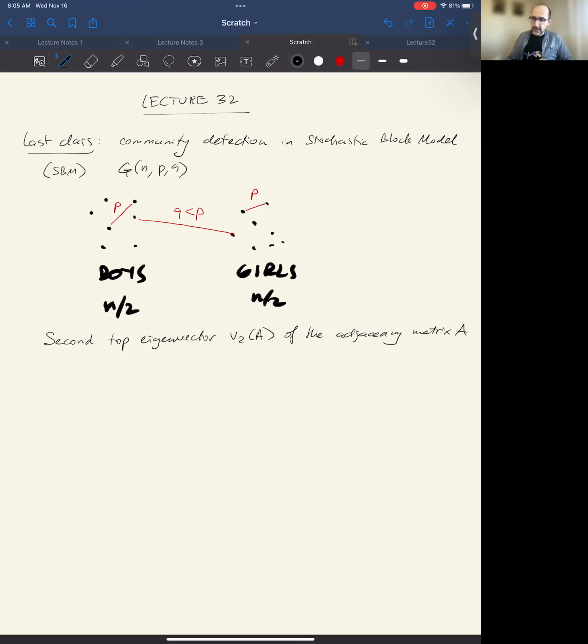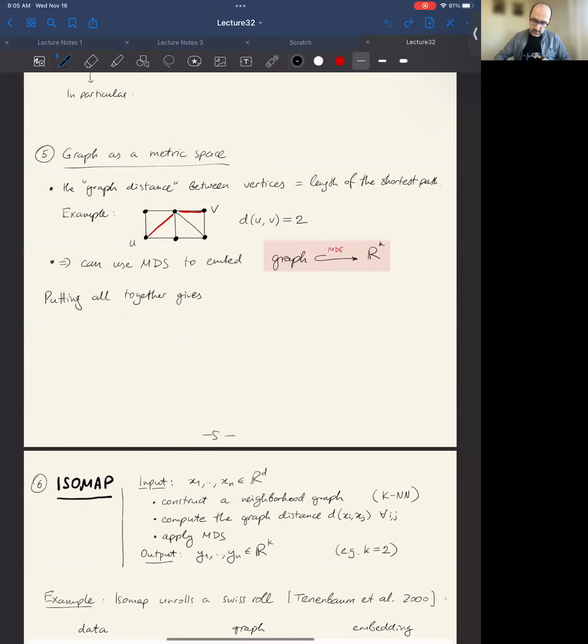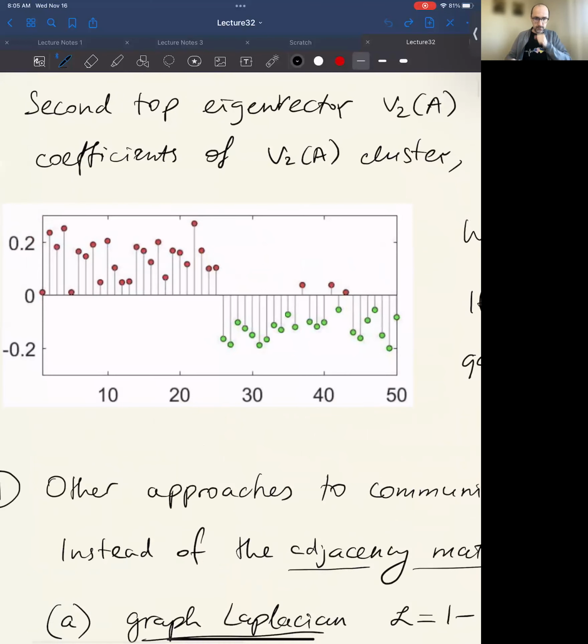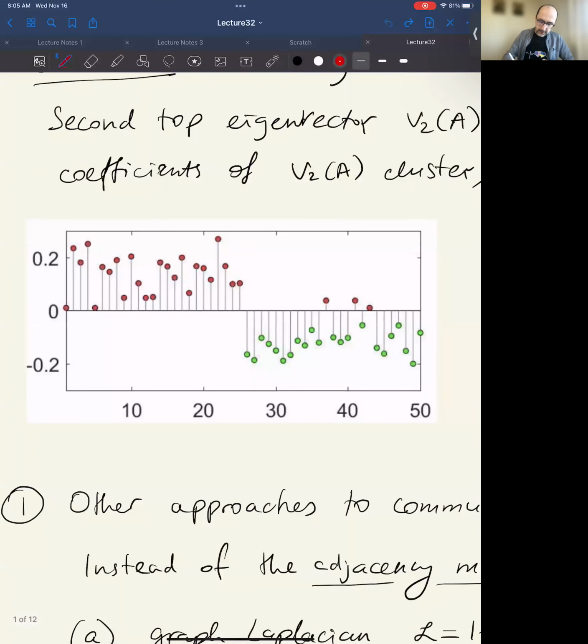So you look at the second eigenvector of the adjacency matrix, and you look at its coefficients, and they cluster. Let me show you. You'll see something like this. Some of the coefficients of the second eigenvector, v2 of A, will be positive, and some will be negative, and they will cluster in a very nice way. So we'll just declare this to be community 1, let's say boys, and this community 2, girls.